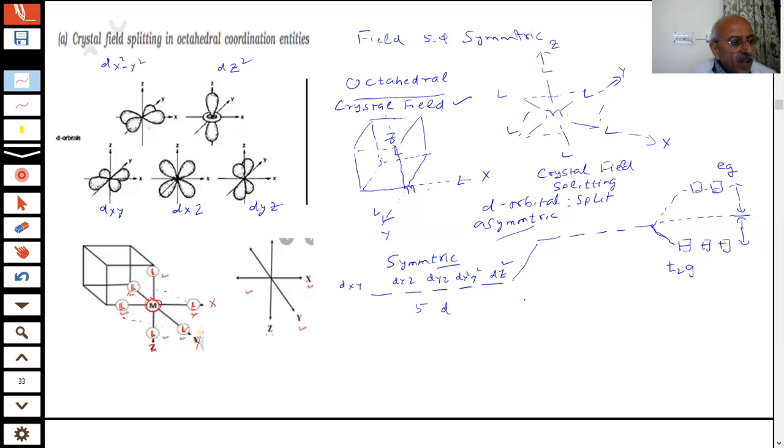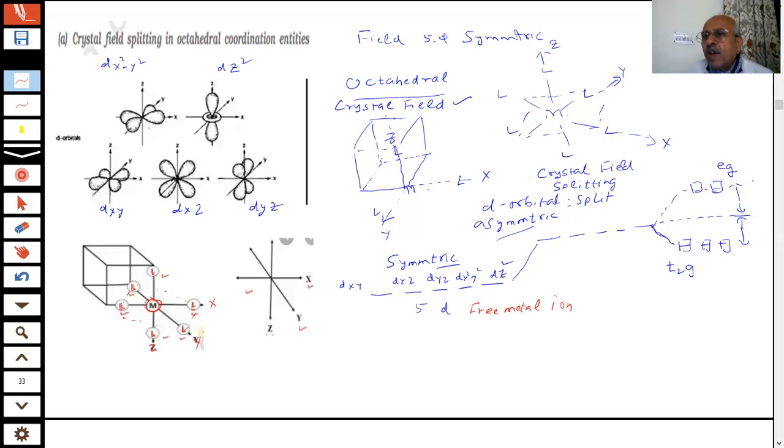Crystal field splitting. So this is the average energy of the d orbitals in a spherical crystal field, and this is the free metal ion. So we say that for the free metal ion in the gaseous state, the energy first rises and then there is a splitting of the energy into two sets of orbitals, T2g and Eg.